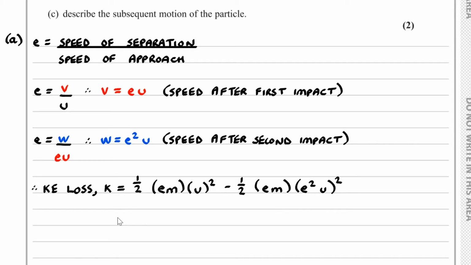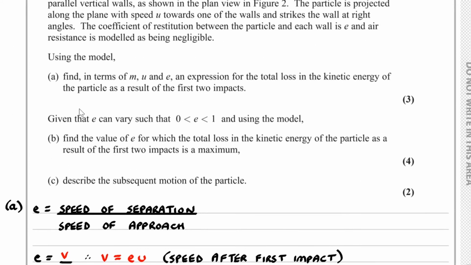And so if I tidy this up, I've got 1/2, and then I have an m and a u squared common, and then I will multiply this by 1 minus e to the power of 4. That comes from the fact we have e squared times e squared, which is e to the 4.